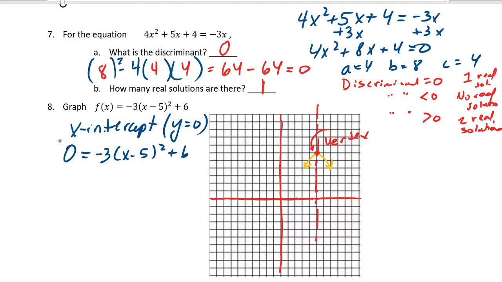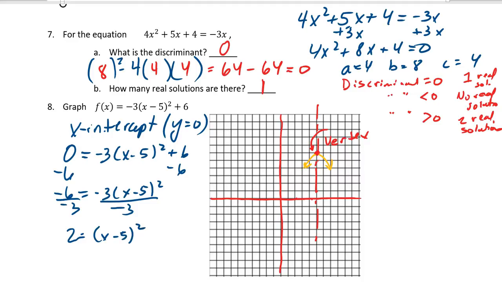And since I'm in vertex form, I can just use my square root property. So I'm going to subtract 6 on both sides, and then I'm going to divide both sides by negative 3. And I'm going to take the square root of both sides.